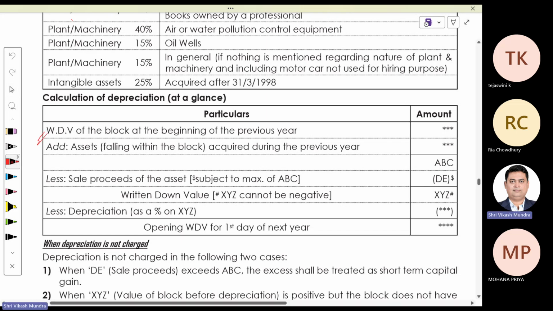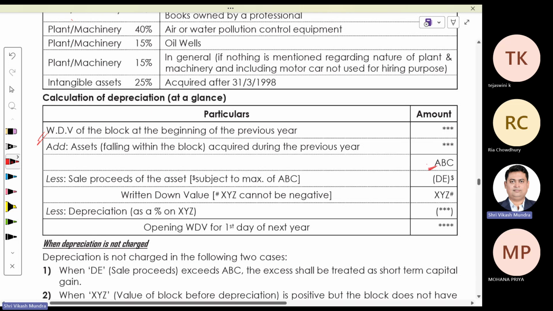First of all, we take the value of the block at the beginning of the previous year. Then we add any assets which fall under this block and were acquired during the year, at the cost of acquisition, to get the value called ABC.